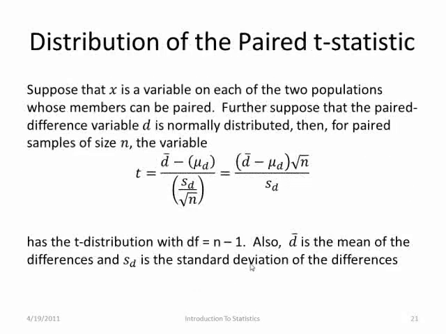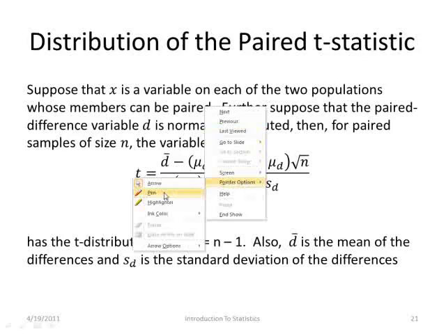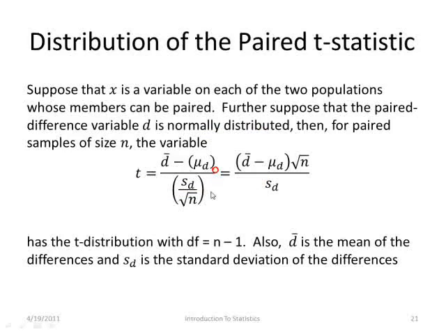So just to go one more step, suppose that X is a variable on each of the two populations whose members can be paired. Further, suppose that the paired difference variable D is normally distributed. Then for paired samples of size n, the variable T, which is equal to D bar minus the mean of the differences, and I should subscript this with a sub-zero, again under the null hypothesis, divided by the standard deviation of our sample statistic, D bar.